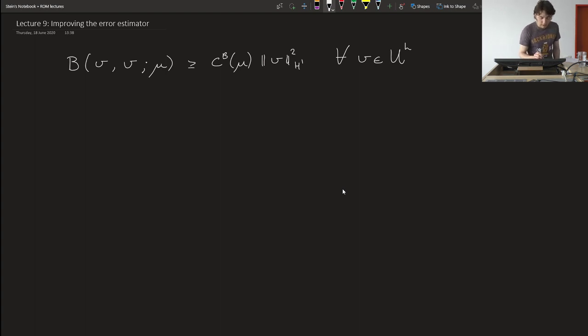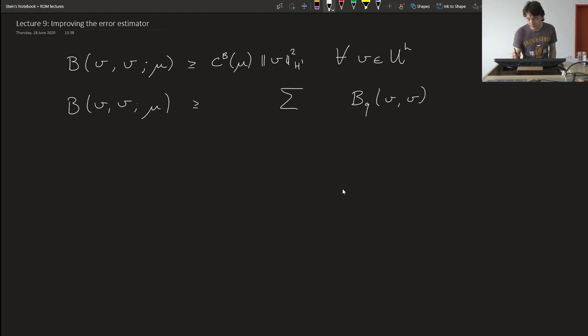The way that we obtained our min theta approach was to say, we know that we have this affine decomposition of our bilinear form, so that it becomes this sum over bilinear forms that are independent of the parameter, and we have capital Q B of those, multiplied by these theta functions.